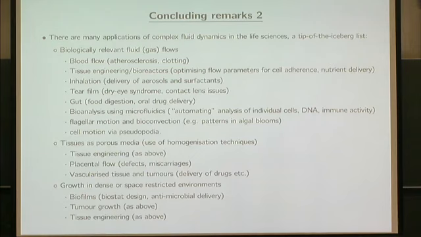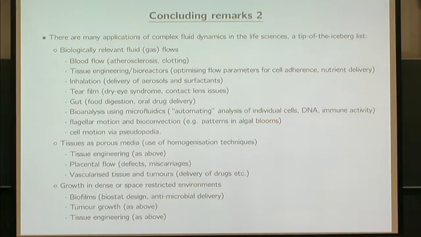But there are side issues like microfluidics, flagellar motion, and motion of pseudopodia, where people recently have been using thin film equations to describe cell motion. But also porous media comes out a lot, because tissues are, in a sense, just a porous media if you look at it in a certain way.